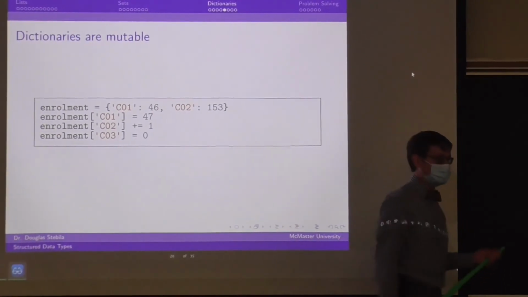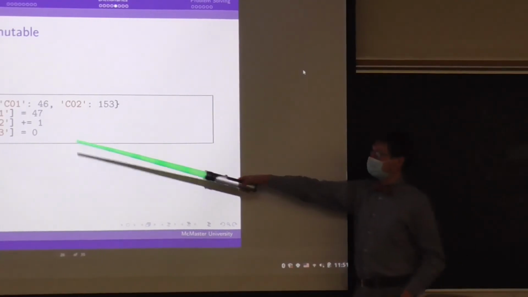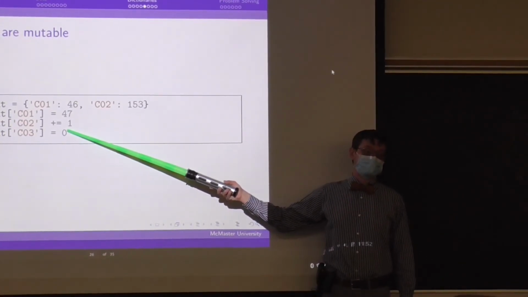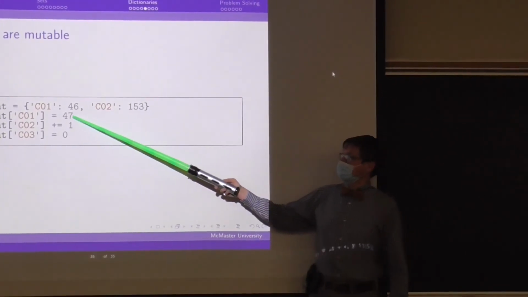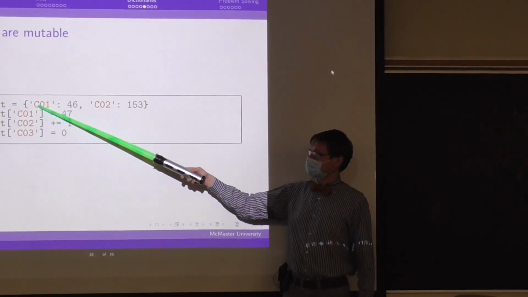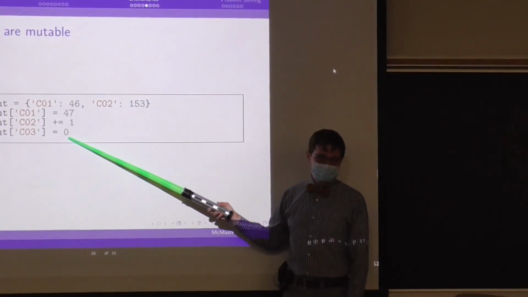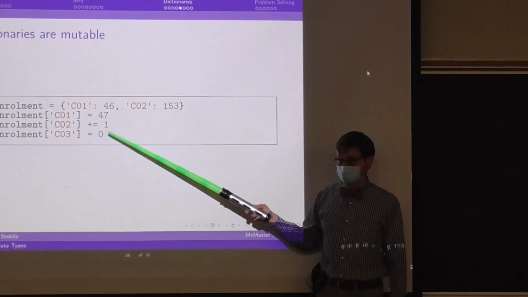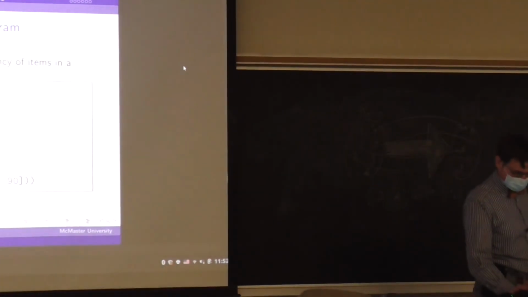The way that you add something to a dictionary is you simply assign something to the new key. You don't have to perform a special operation. This line here extends this data structure with this additional key-value pair. Make sense? Good.